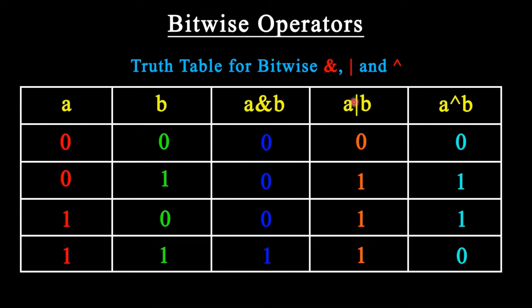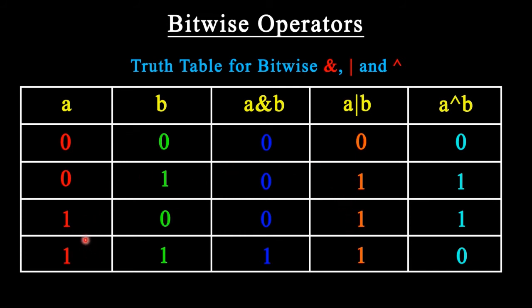Now if we talk about A bitwise OR B, in this case, if the value of A is 0 and the value of B is 0 as well, then we'll get 0. If the value of A is 0 and the value of B is 1, then we'll get 1. If the value of A is 1 and the value of B is 0, then we'll be getting 1.